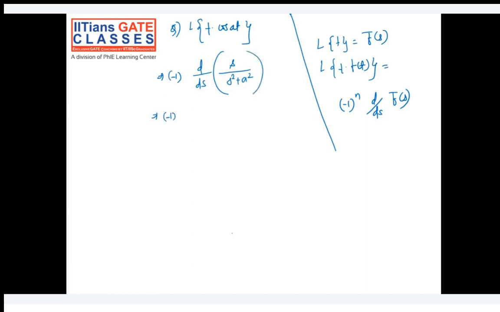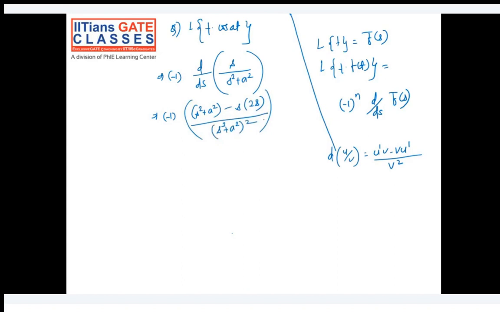Differentiation of u by v, that is by the quotient formula, is u dash v minus v u dash, divided by v square, correct? Differentiation of s is 1, so s square plus a square as it is, minus s as it is, times the differentiation of s square plus a square, which is 2s, divided by s square plus a square whole square.